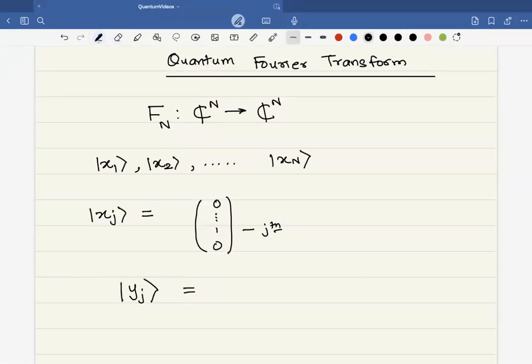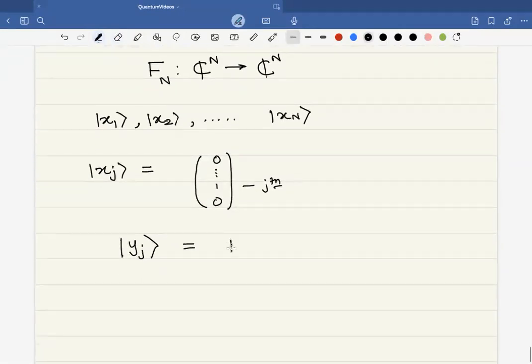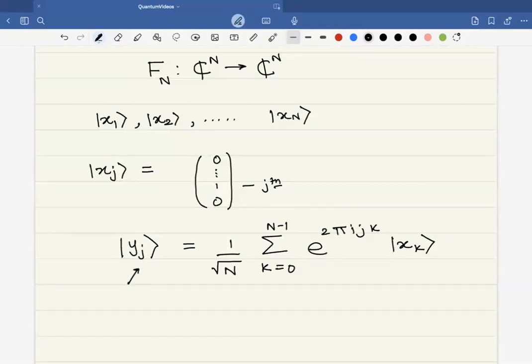Each element is defined as 1 over square root of N, summation over k going from 0 to N minus 1, e to the 2 pi i j k over N, x k. So this is a new basis, and this is also an orthonormal basis since F_N is a unitary transformation.